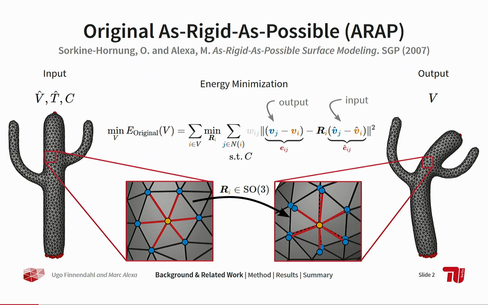The energy introduces auxiliary variables that get minimized on the fly. For the intuition why this is as rigid as possible, remember that a rigid transformation allows only for translations and rotations. Translations are not penalized as we operate on edge vectors, and rotations are not penalized as R_i compensates for it. So the penalty measures the non-rigid transformations that are left over.